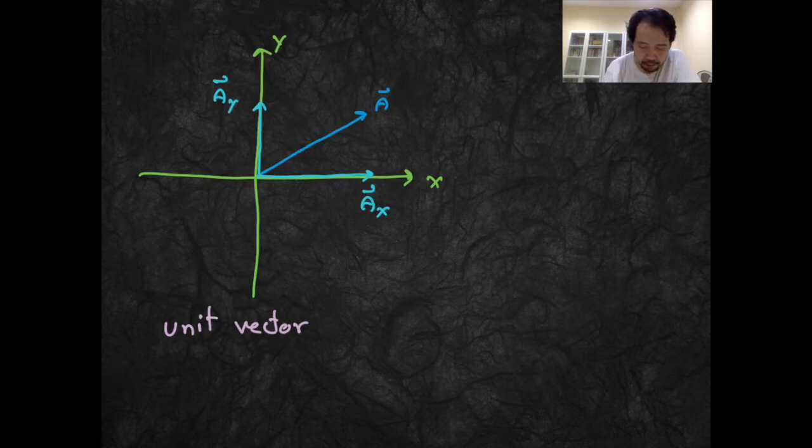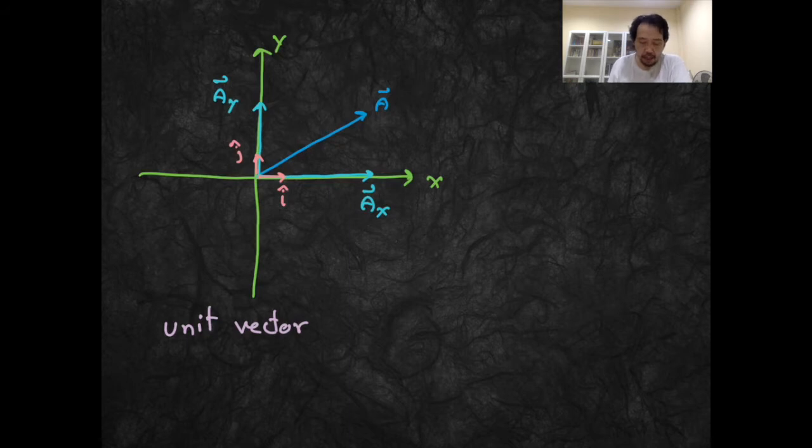If we define vectors i and j as unit vectors along the x and y axes, it means that i and j have a magnitude of 1. i points along the positive x direction and j points along the positive y direction.